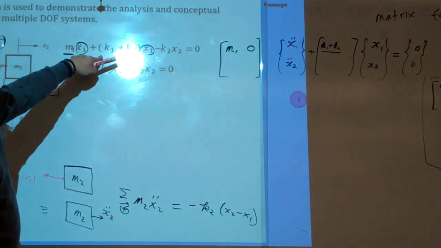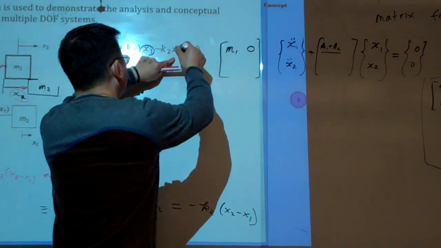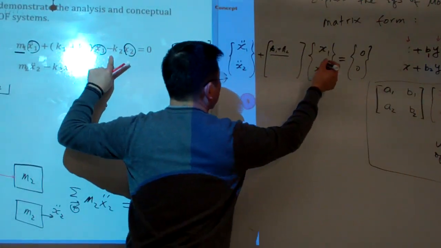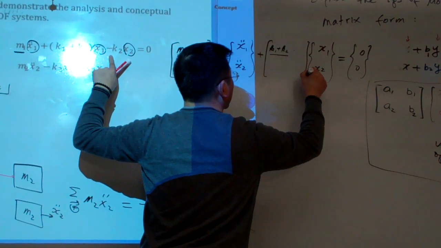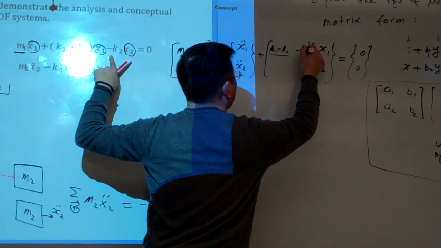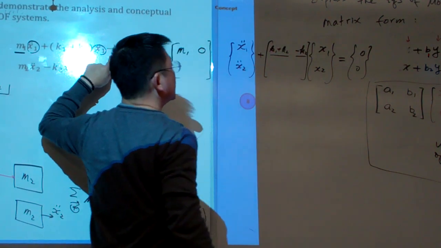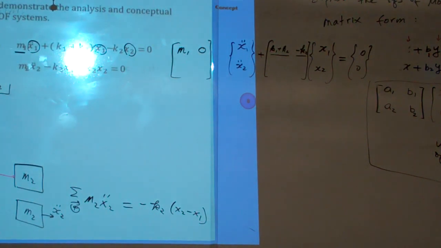And then multiplied with x2 is minus k2, so that is another number. That's it.